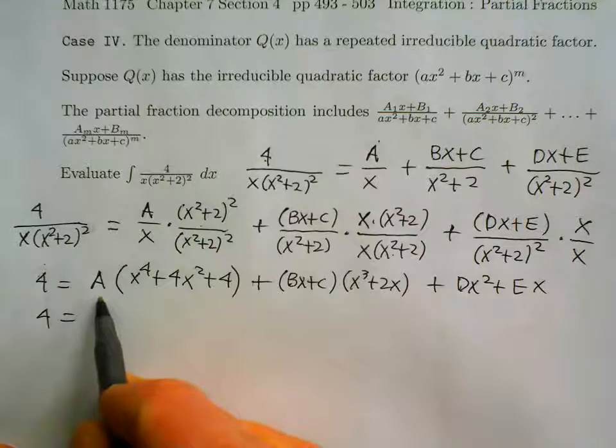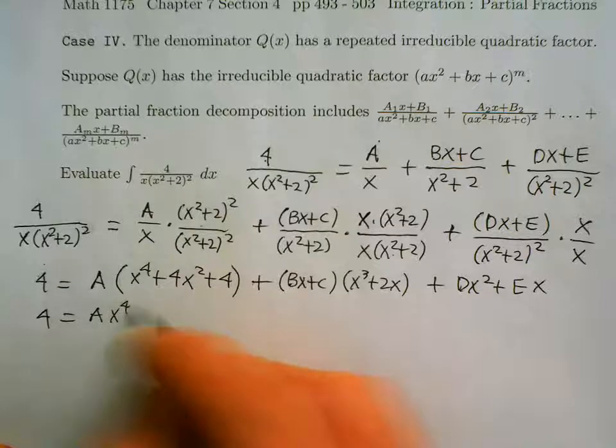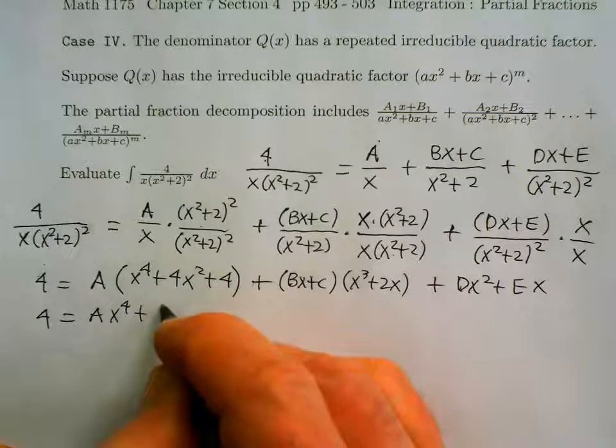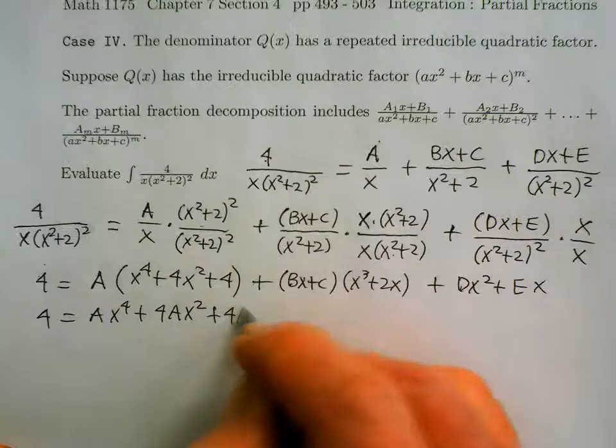And distribute multiplication by a, so we get a times x to the 4th plus 4a times x to the 2nd plus 4a.